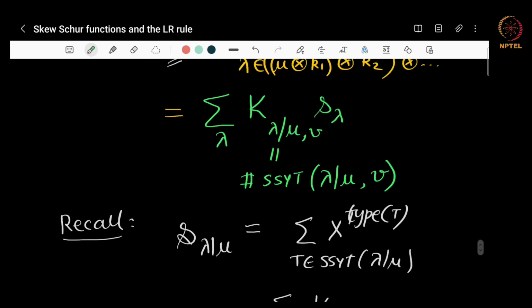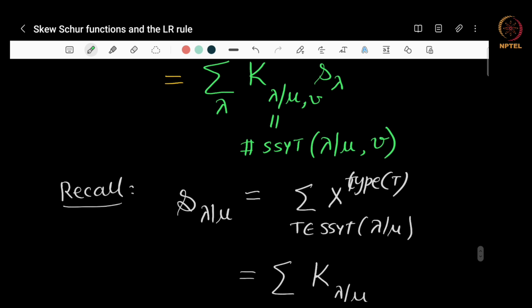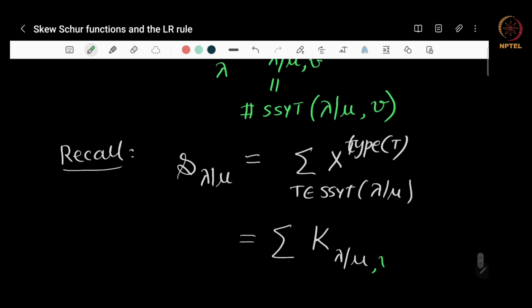Okay, good. So now we are in good shape. So this is k lambda minus mu, and then when I say that the type of that tableau is new, I just mean it's the monomial expansion. So this is what I know. Okay, so now that was my definition of the Skew Schur function.